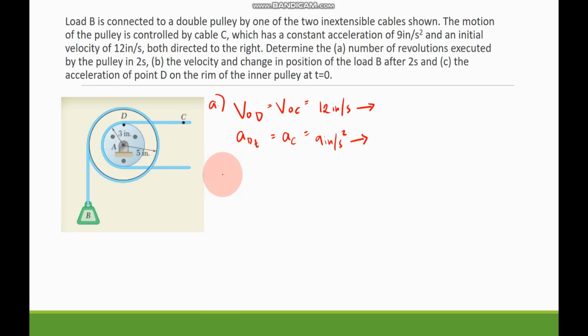So we know that velocity is equal to the angular velocity multiplied by the position vector r. And our tangential component of acceleration is equal to the angular acceleration multiplied by the position vector r. For this formula, our velocity is equal to 12 inches per second, equal to the angular velocity multiplied by the position vector r, which is 3 inches.